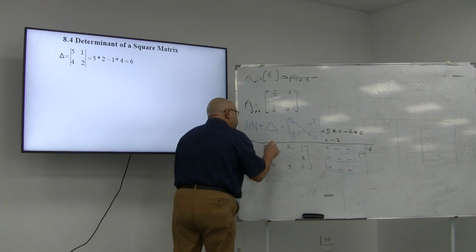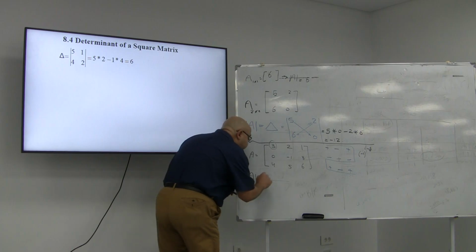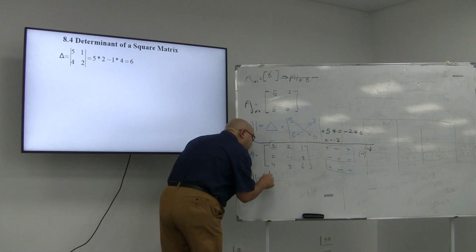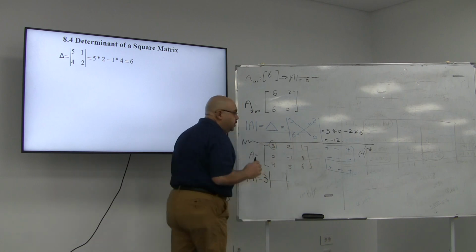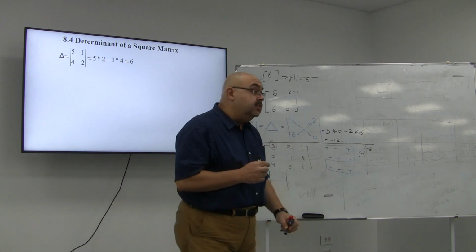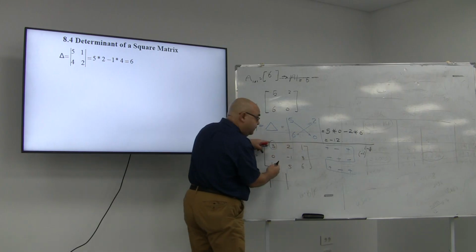All I have to do is to get the first number, which is 3. I will write this element, which is 3. Then I will eliminate the row and the column that's connected by this number. So I will go for 3, eliminating the first row and the first column.